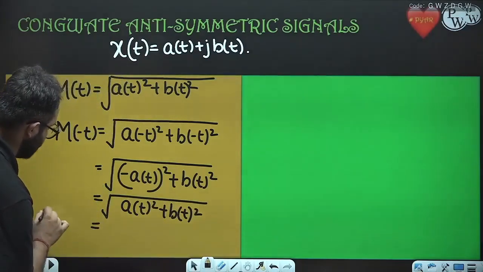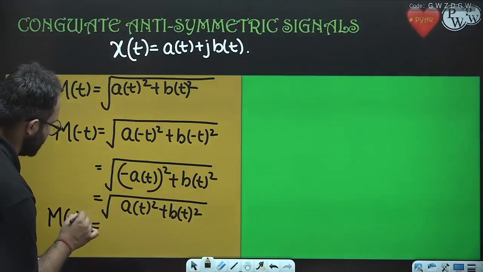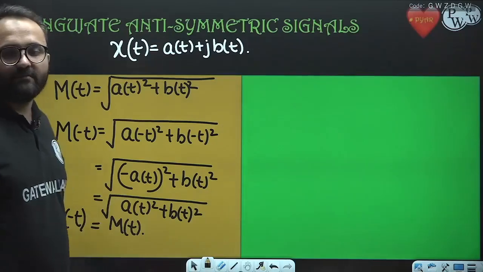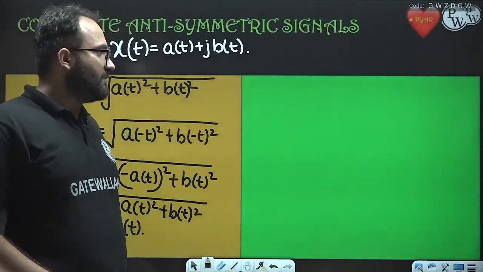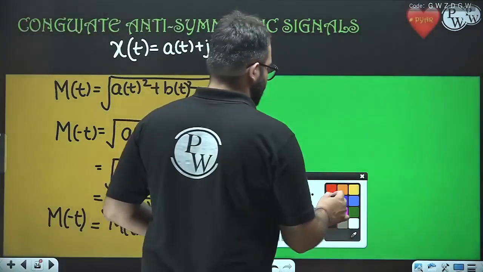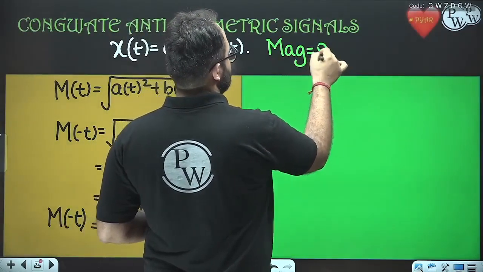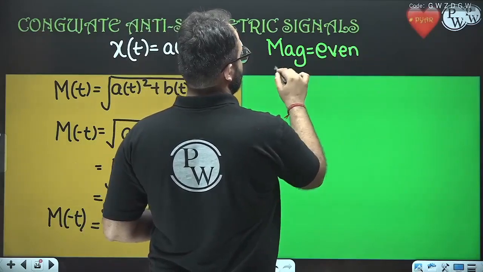So we can see that M of minus t is the same as M of t. So the magnitude is even here also.